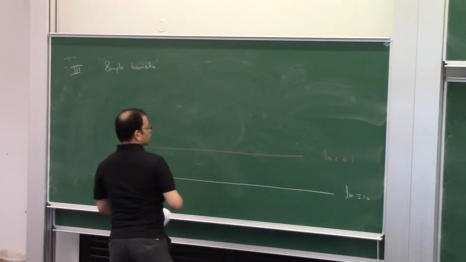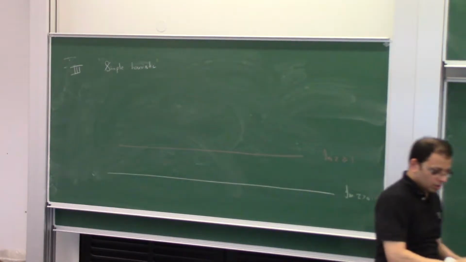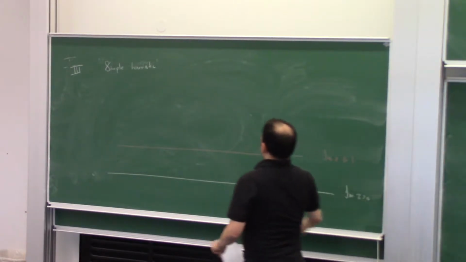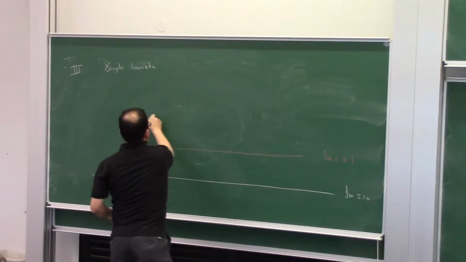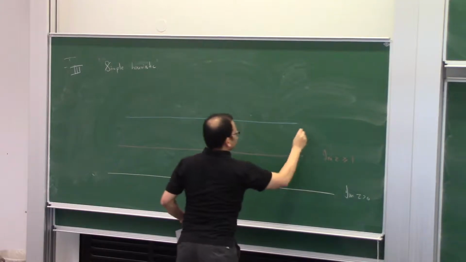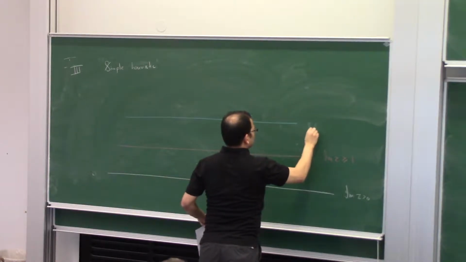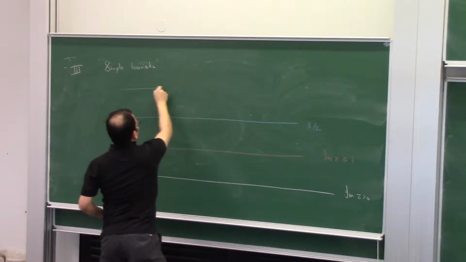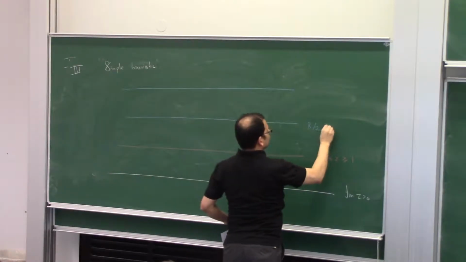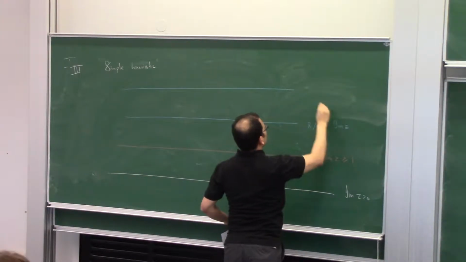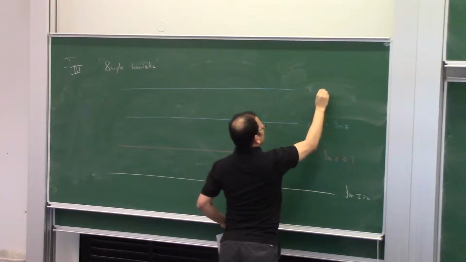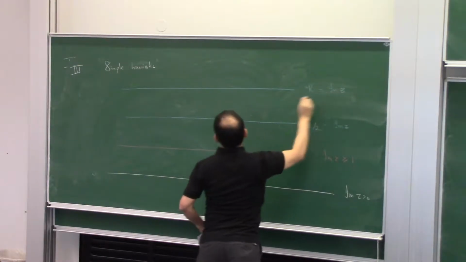And up here, I'm going to take a strip, between imaginary part of z equal to R over 2 and R. And I want to look at this strip.